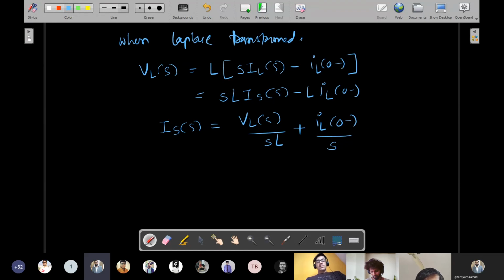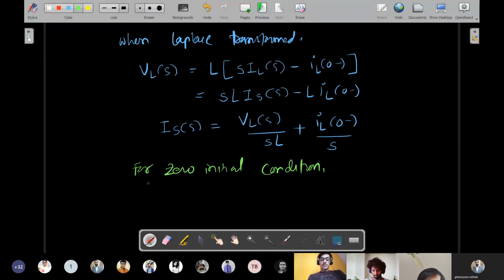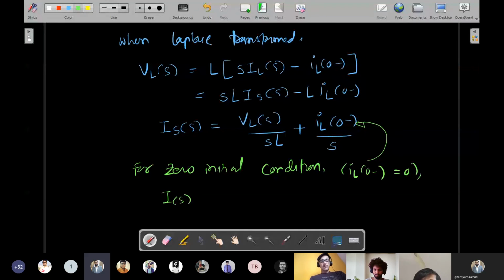Now we have initially said that for all of these equations we are working on the transform circuit, but assuming zero initial condition. If we take this zero initial condition, then IL of 0 minus will be 0. So if you put that value here, you can write that IL of S equals VL of S upon SL.